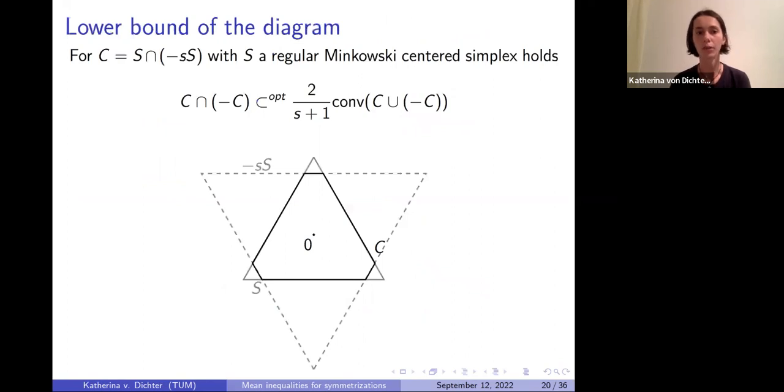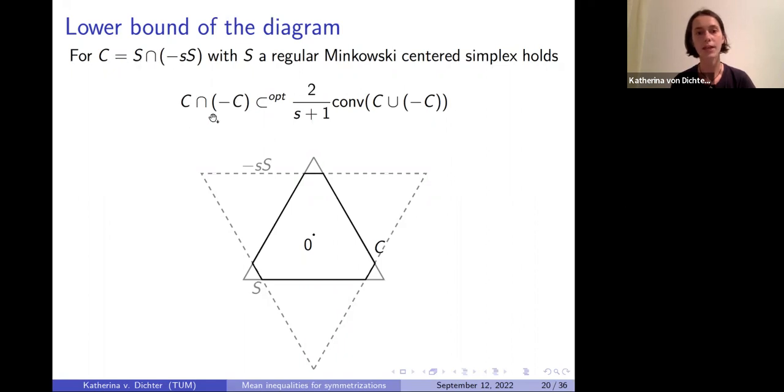So for the lower bound, we can take our S, which is our Minkowski-centered regular simplex, and then we intersect it with a rescaled and rotated version. So we take S intersected with minus S times S, like on the picture. This is intuitively taking a simplex and cutting off in a nice way all the vertices.